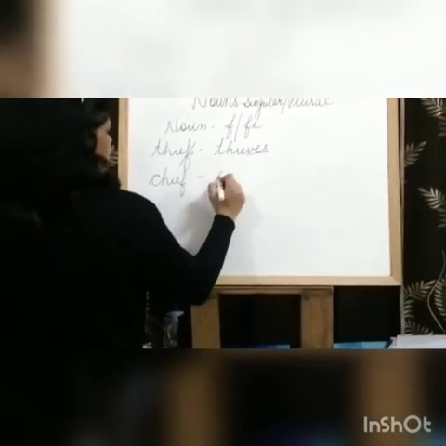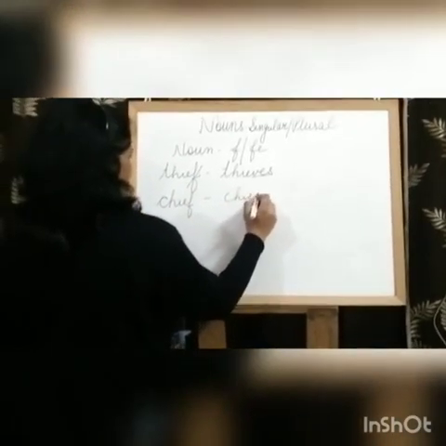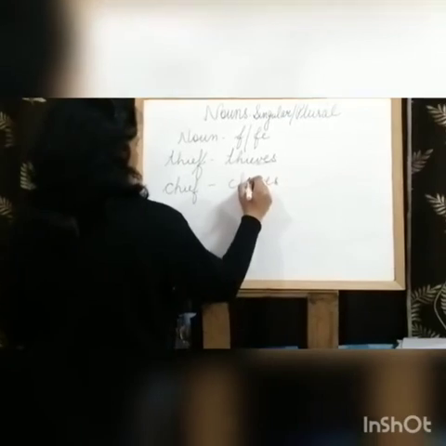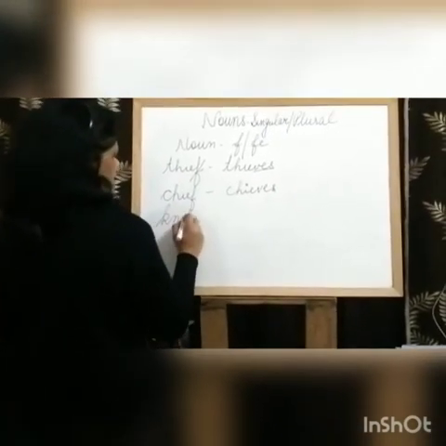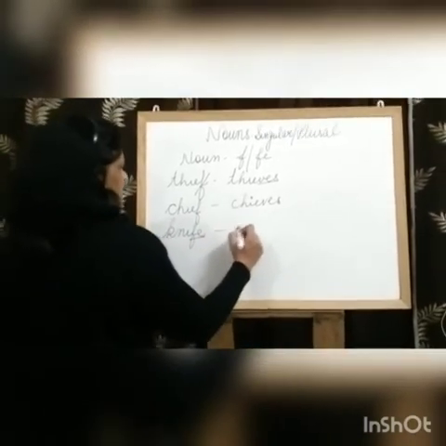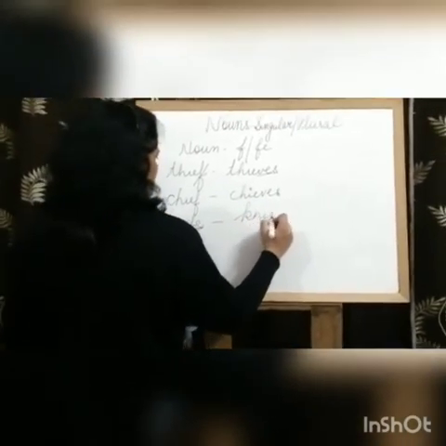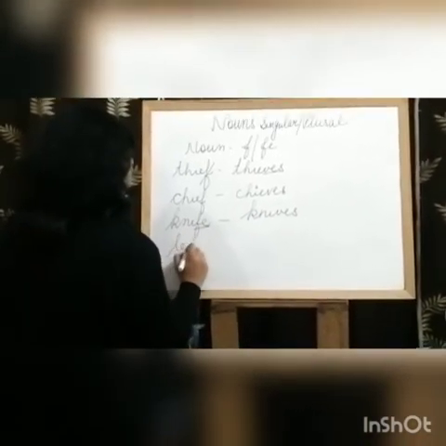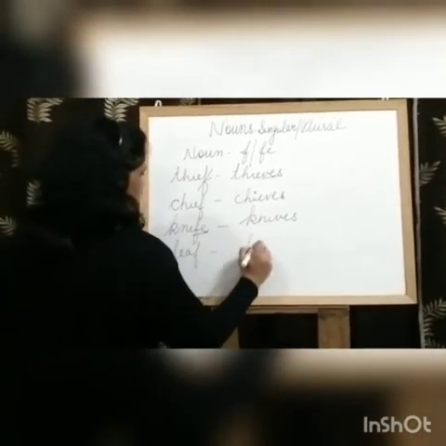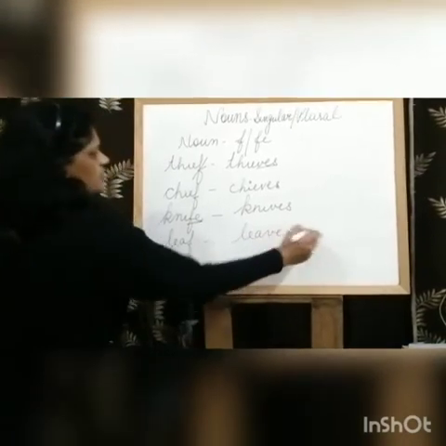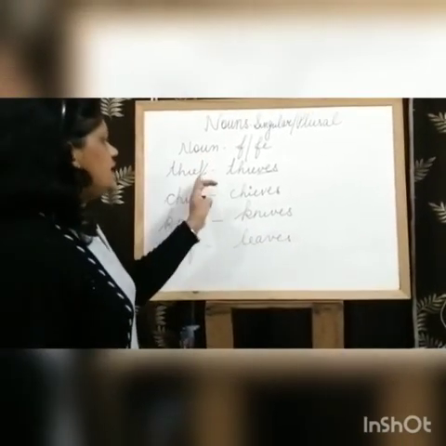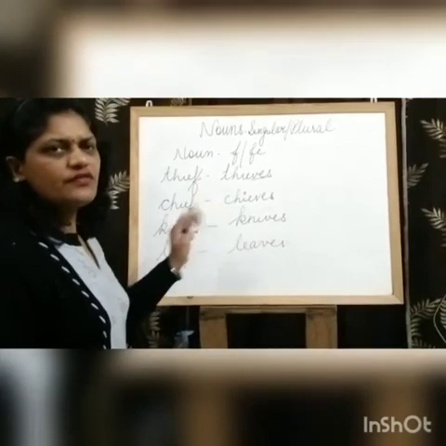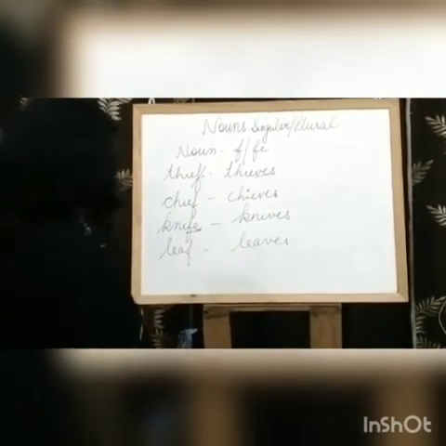Chief, chiefs. Knife. Here we have FE, then we will use knives. VES, leaf, leaves, and so on. Like this, we will use VES instead of F.